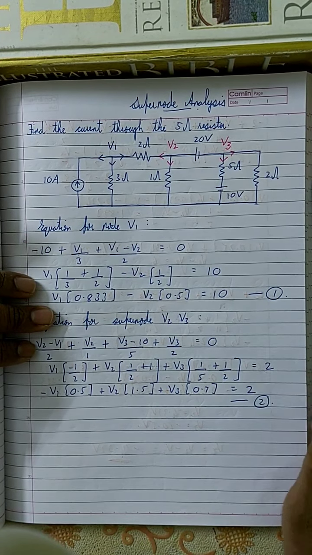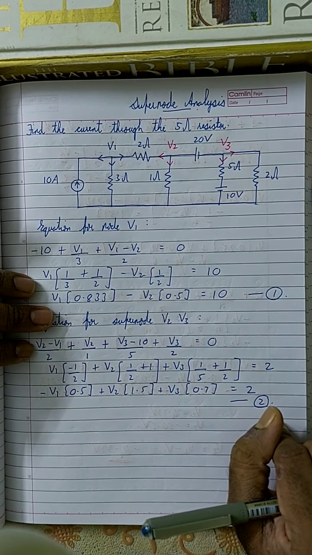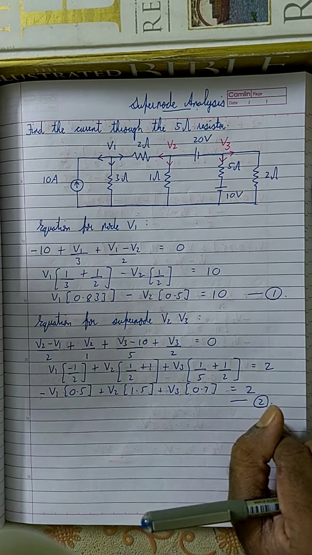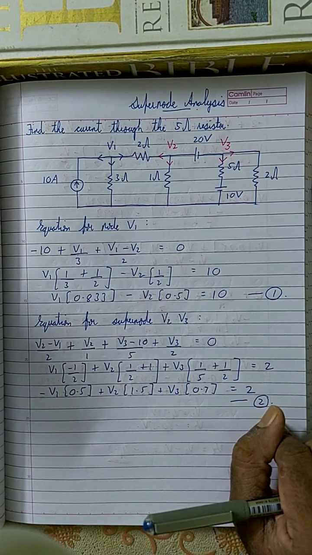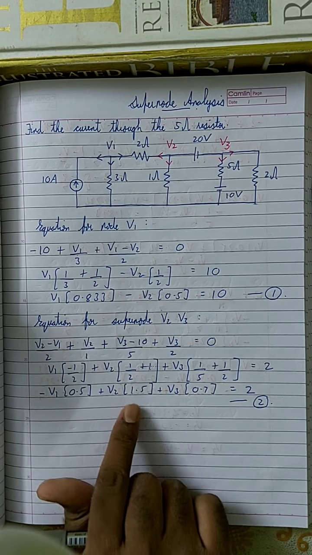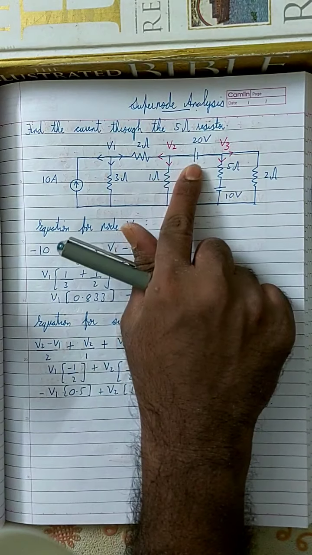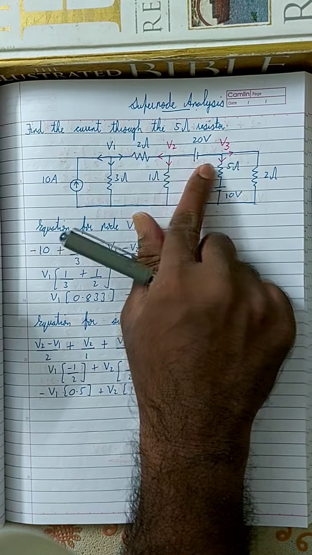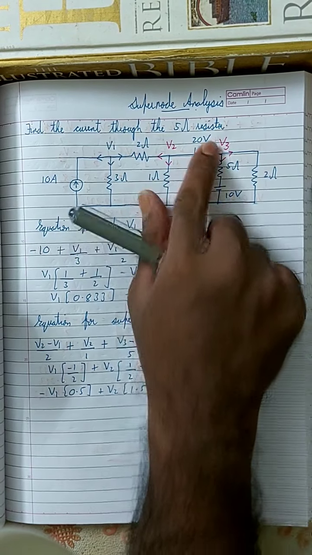Now there is one more supernode equation, right? Just like in super mesh there are 2 equations, like that, for supernode there are 2 equations. One equation you have already written. What is the other equation? It's obvious, right? The other equation is regarding this voltage that is coming in between those. So what is the equation for this voltage?